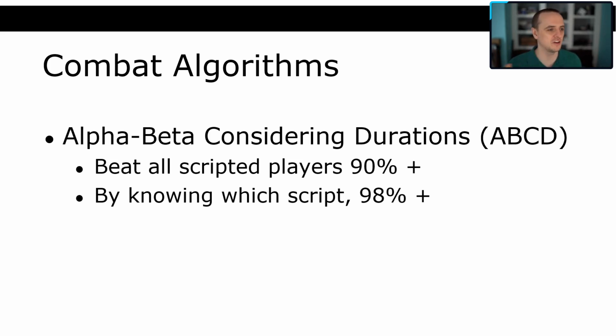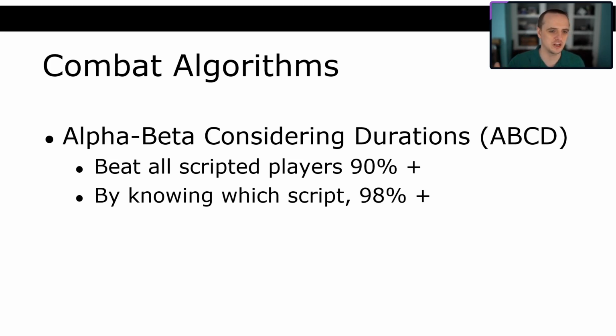I was told by dozens of people that they only remembered my paper because it was called ABCD. But if I called it something like Dave's algorithm, they probably wouldn't have remembered it. So unfortunately, the naming of your projects and the branding of your research really matters. So try to be as clever as possible when you're naming your projects.